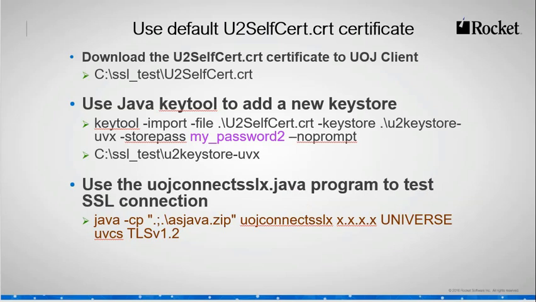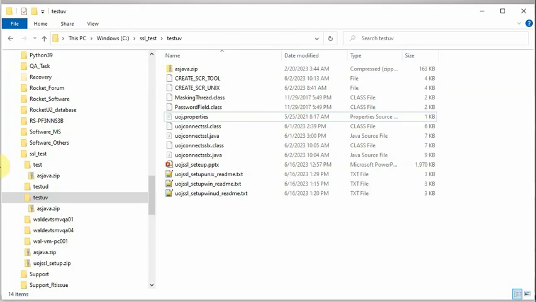So next step, you need to download the sample program from the website. I already downloaded it and put it in the test UV folder. It looks like this. Inside here, they have a BASIC program for the tool and Unix, and also a README file and a PowerPoint, so you can get more detailed information on how to set it up in your environment.